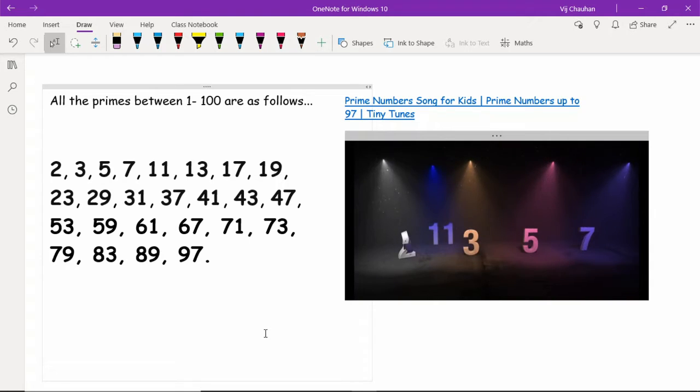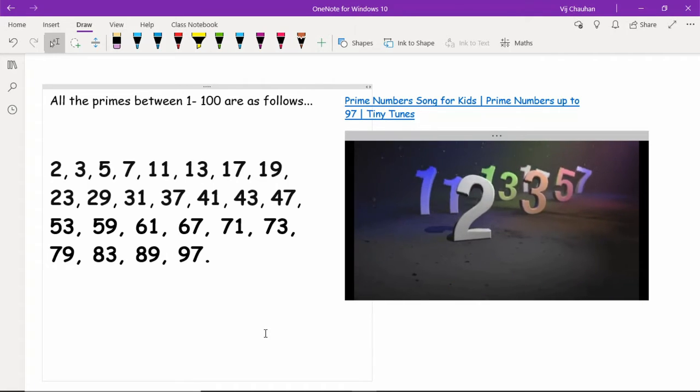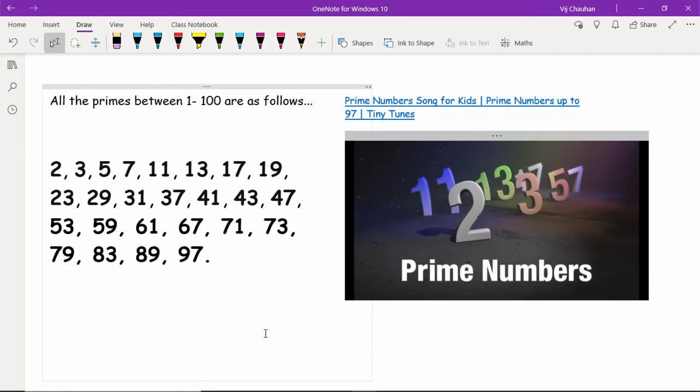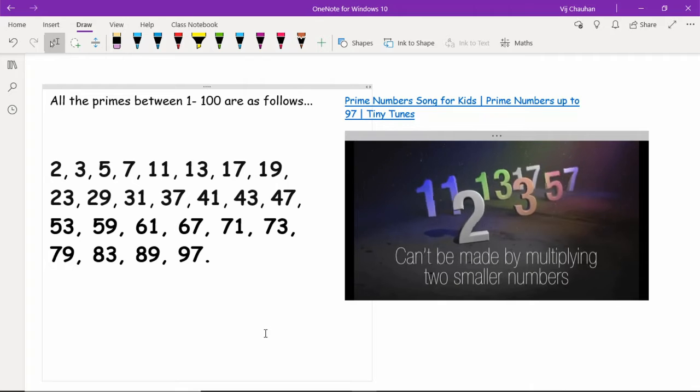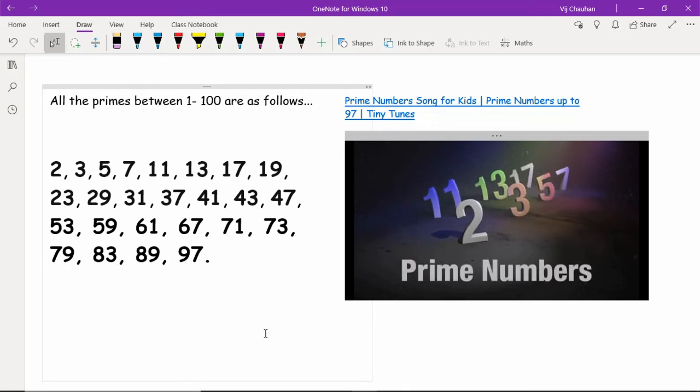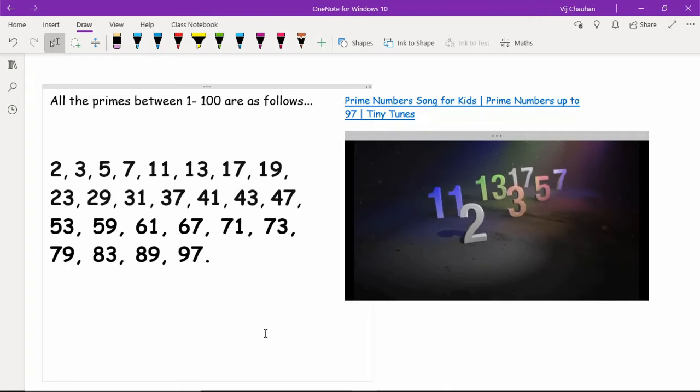I'm 11, 13 and 17. Look at us, we are prime numbers. You can't make us by multiplying two smaller numbers. We are prime numbers, and maybe we're not all alone.